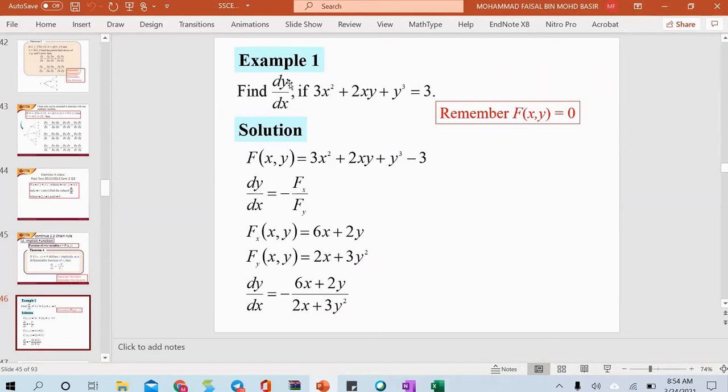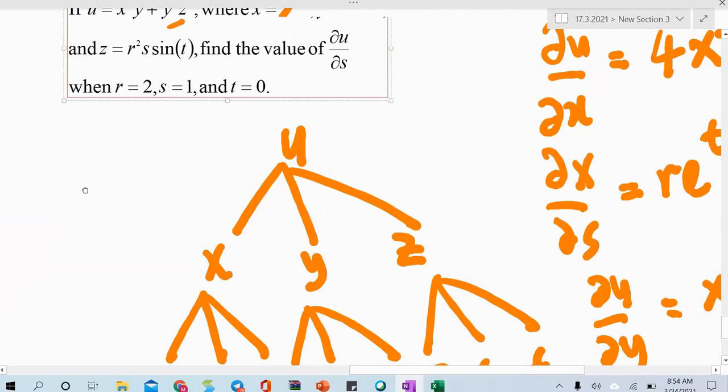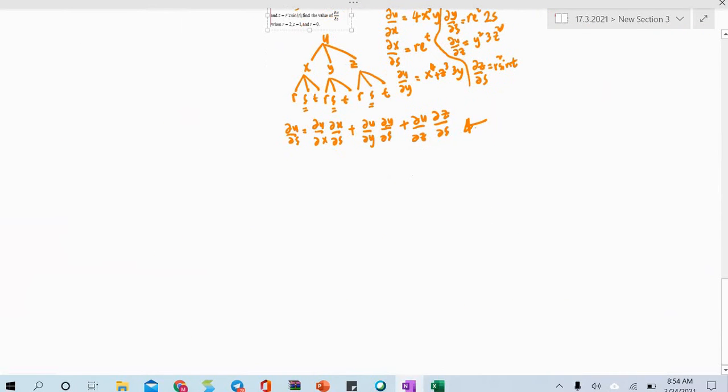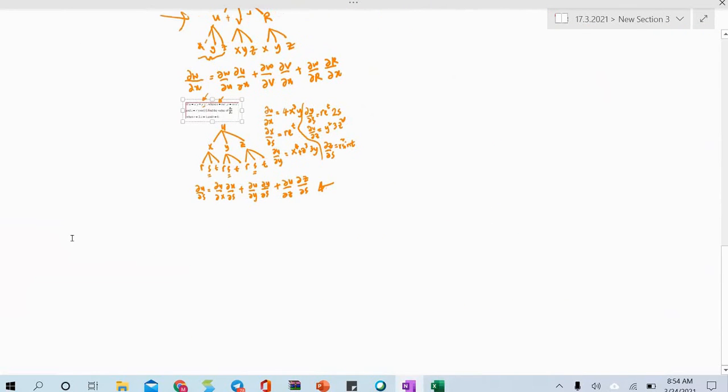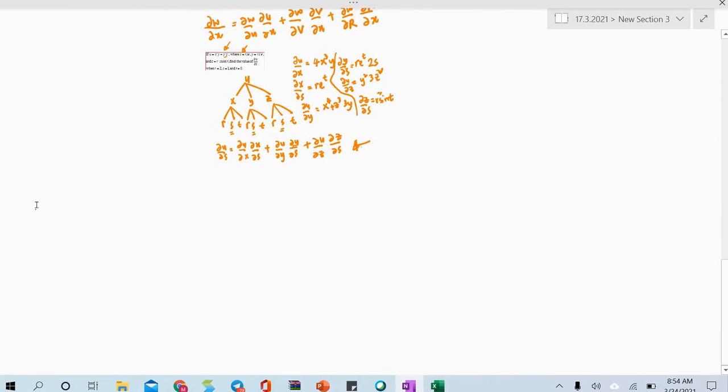Find dy/dx. The question asks you to find dy/dx. Then you have to let f(x, y) equal to 0.